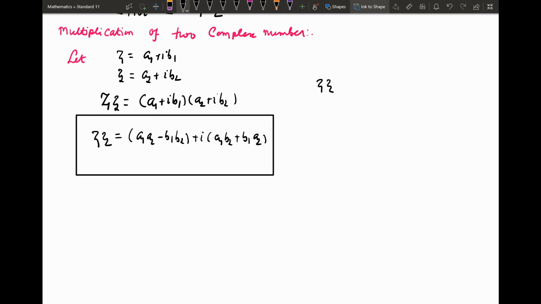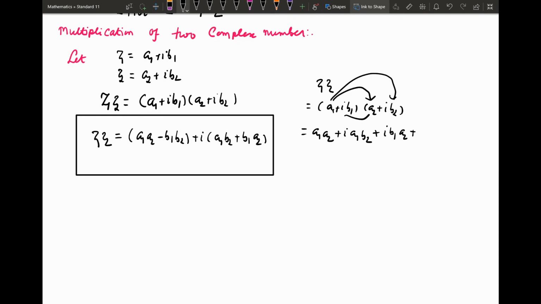Z1 into Z2, this is A1 plus IB1 into A2 plus IB2. A1 into A2, IA1 B2, IB1 into A2, and I square B1 B2.